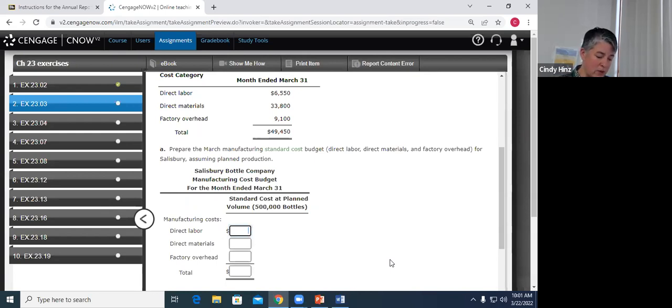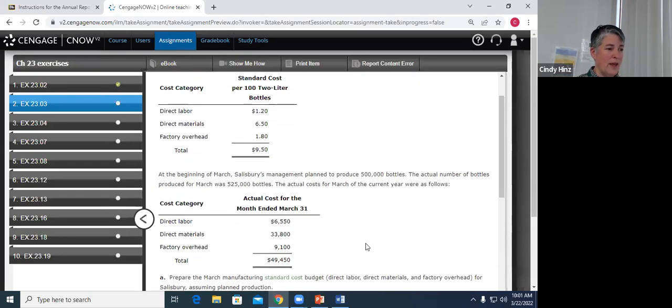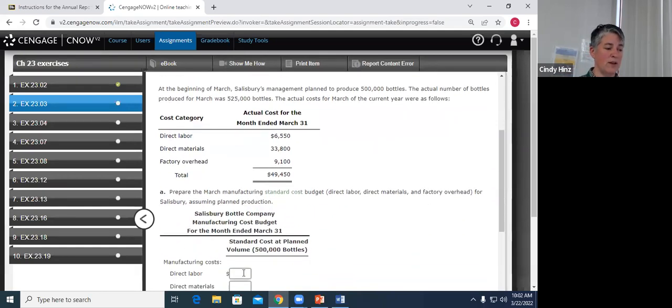So we expected to produce 500,000 bottles. Now remember, these costs are per 100 bottles. So if you want to think of it as batches of bottles, batches of 100, 500,000 bottles would be 5,000 batches of 100 bottles. And that will allow us to take just the 5,000 batches to multiply by these standard unit costs.